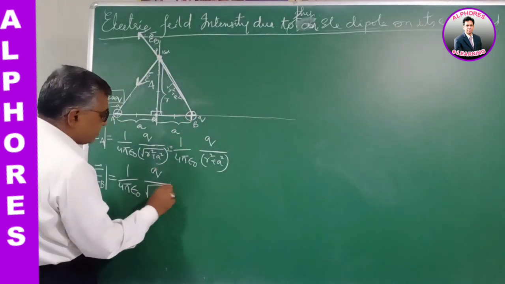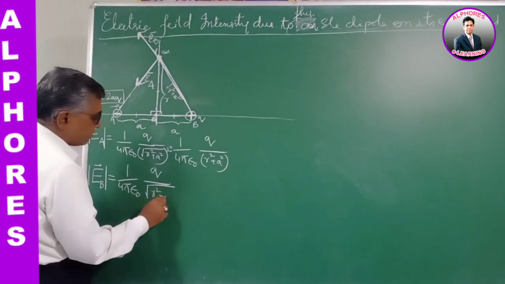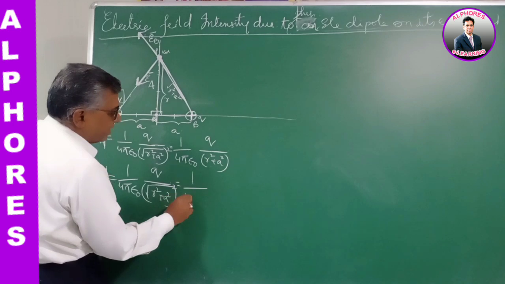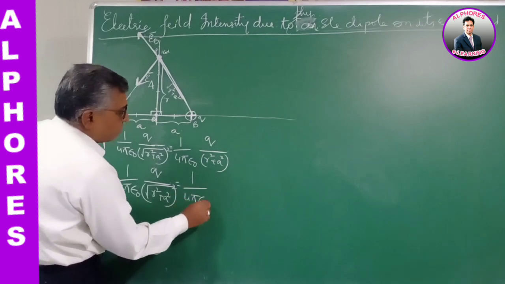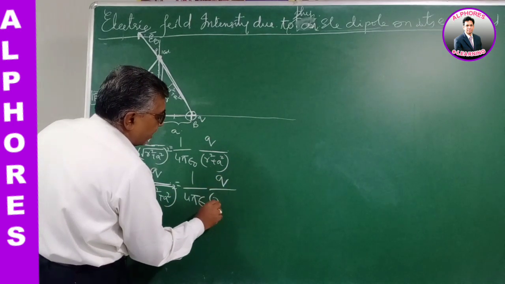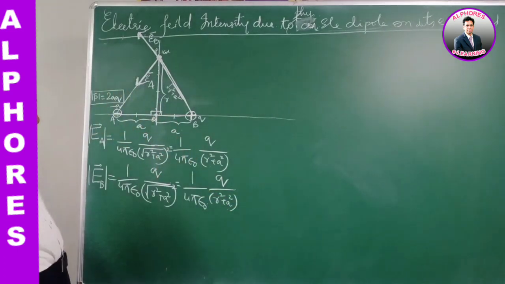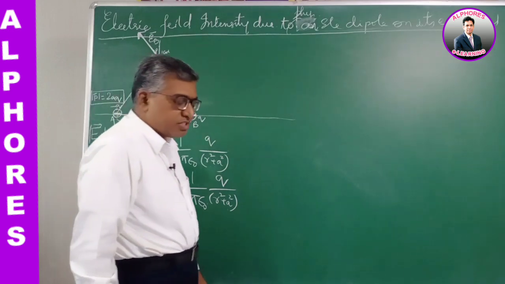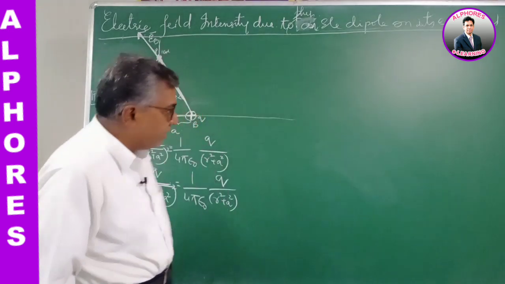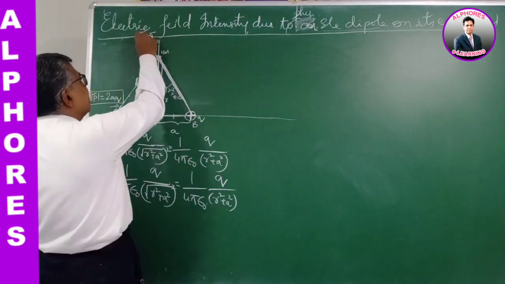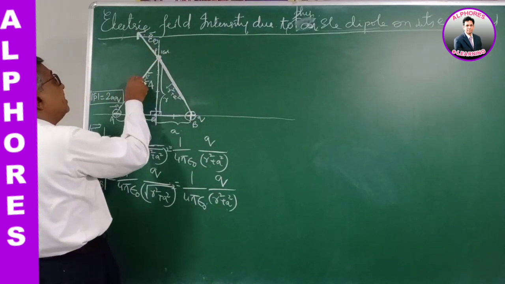So the distance of the point of consideration is root of R square plus A square, whole square. So simplifying, 1 by 4 pi epsilon naught Q by R square plus A square. This is the electric field intensity due to the positive charge at point B. Now the direction of the electric field due to this positive charge is like this, EB, and this is EA.